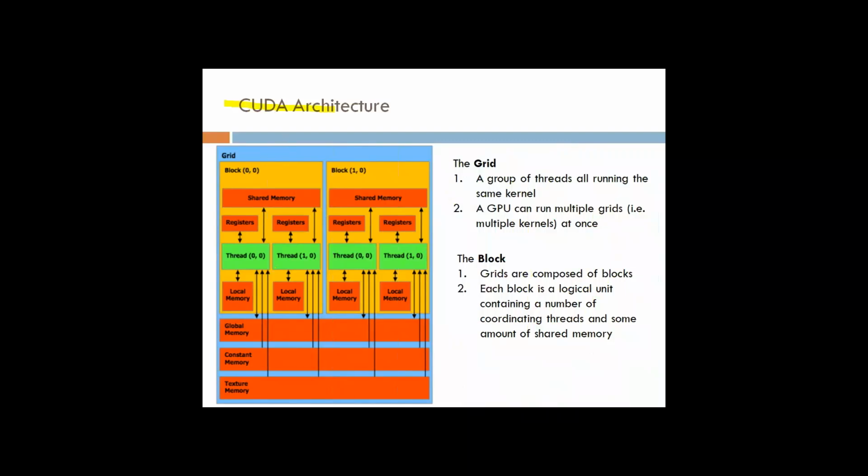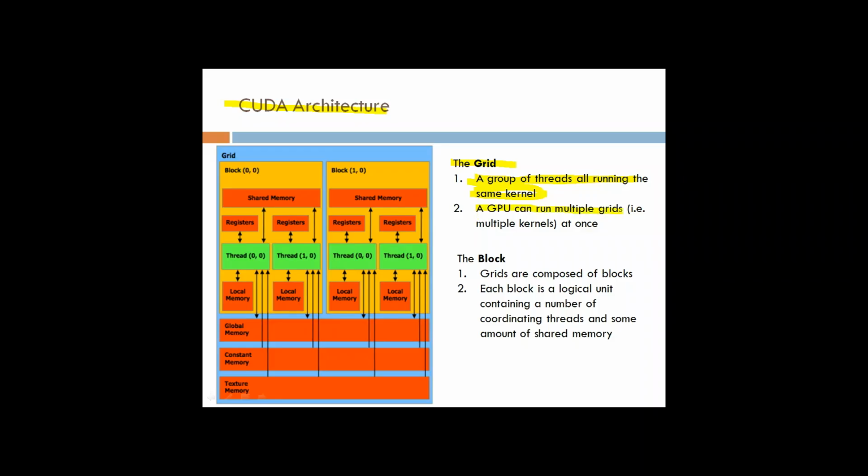Now coming to the CUDA architecture. As we discussed, the grid is the topmost category or the superset. It is a group of threads all running the same kernel, meaning the same function. All the threads in this grid are running the same function. This is its simple definition.